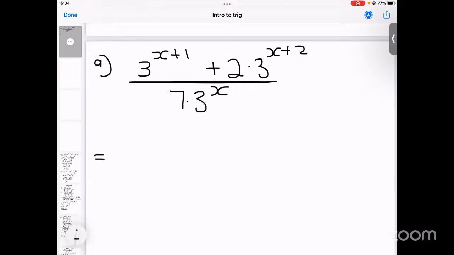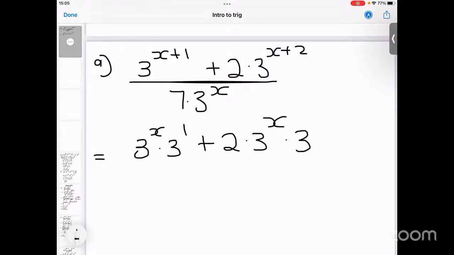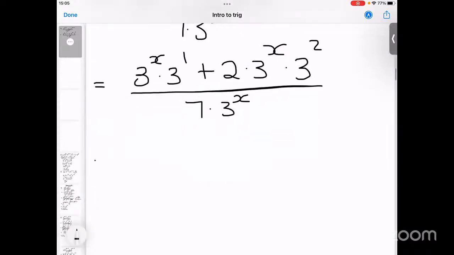And since you are going to simplify, because this is an expression, you end up having 3 to the exponent of x multiplied by 3 to the invisible 1. You still have your plus. So you are just expanding this thing. Then you have 3 to the exponent of 2 there. Then this one at the bottom, you can just write exactly as it is.